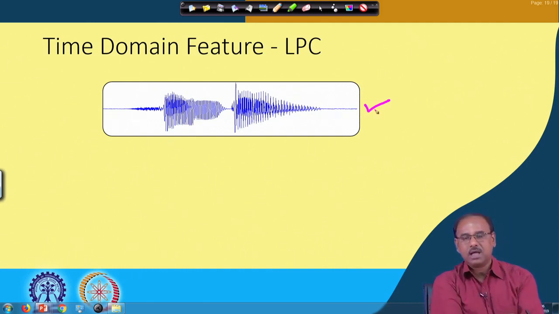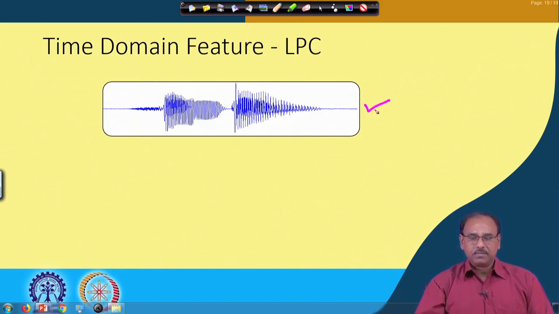This is the output of the microphone. For audio signal feature extraction, this output is passed through a digitizer. Through the digitizer I get a sequence of samples, and from the sequence of samples I can compute different types of features. All those features can be used as descriptors for speaker recognition, for speech recognition, for speech to text conversion and all that.